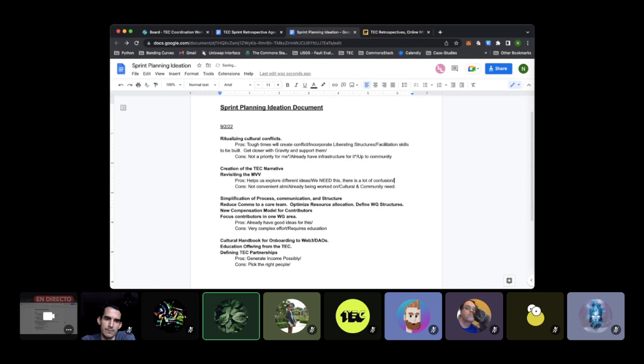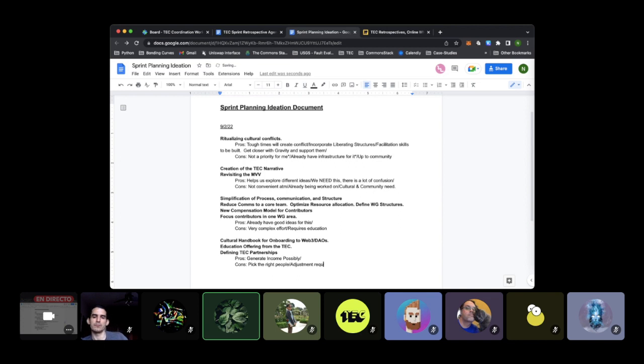Because if not, this is kind of a con for me, for the educational offering for onboarding to Web3: we are the TEC, Token Engineering Commons, but people will come here not to get the education on token engineering, but on how to DAO, right? I'm not saying it's wrong. I think it's good and we should offer that, but that might require an adjustment on the narrative and on the MVV of what we are actually offering. Maybe our offering is changing, right?